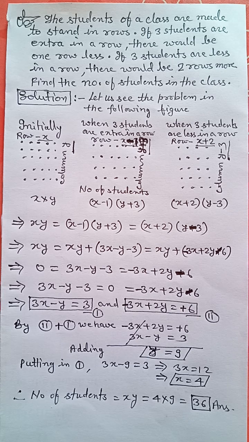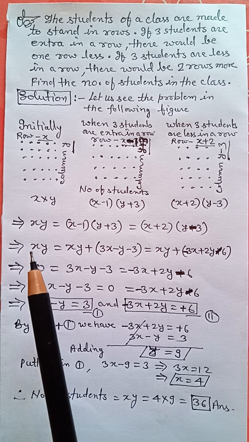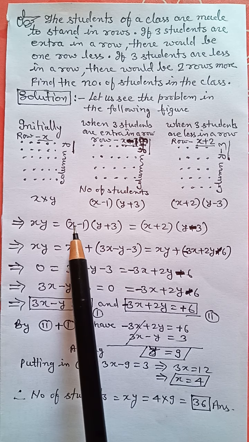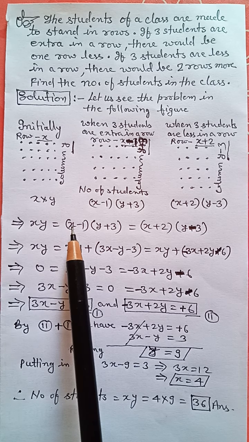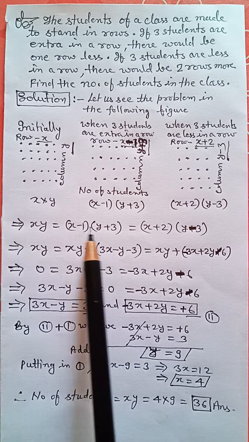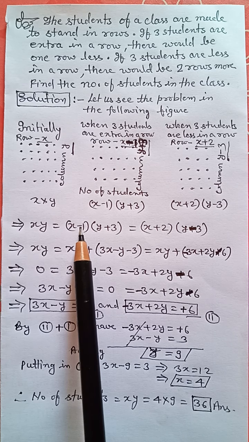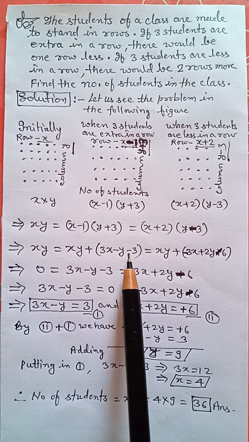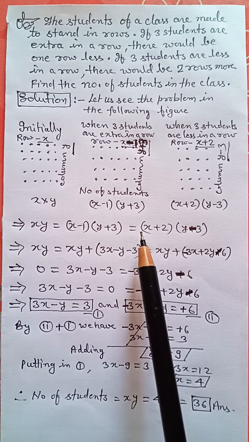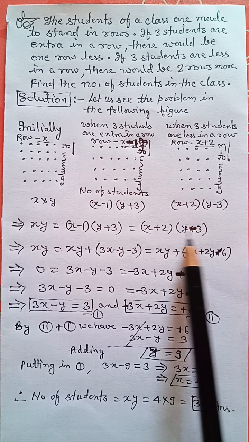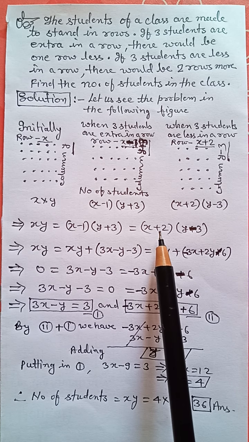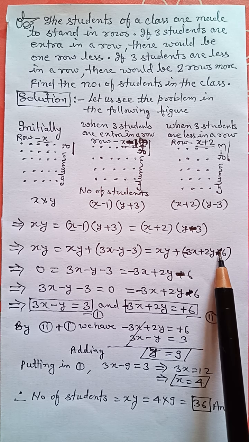Now, simplifying, we have xy, x multiplied by y, plus 3 multiplied by x, that is 3x, minus y, and minus 1 multiplied by 3, that is minus 3. Similarly here, x multiplied by y, that is xy, minus 3 multiplied by x, that is minus 3x, y multiplied by 2, that is plus 2y, and 2 multiplied by minus 3, that is minus 6.